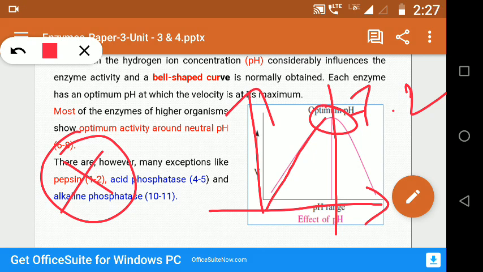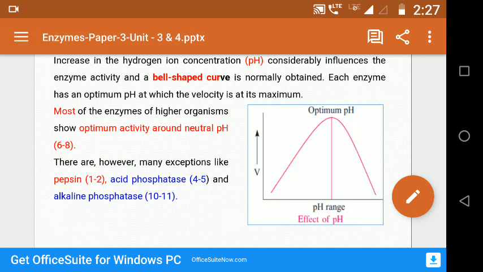Beyond 7.2 it gradually declines once again and comes to almost 0 level. So this 7.2 is called the optimum pH of the enzyme. Each and every enzyme will have its own optimum temperature and its own optimum pH.